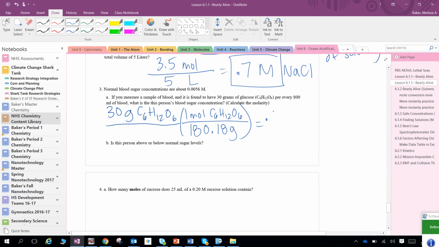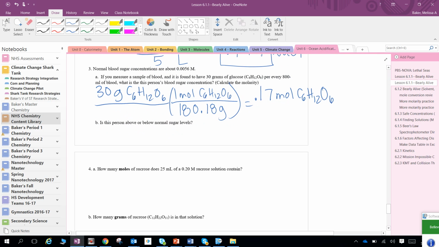So that means I've got 0.17 moles of C6H12O6. And the way I did that was I multiplied across the top 30 times 1 divided by the molar mass, 180.18. But I'm not done. 800 milliliters of blood, if I divide that by 1,000, I can convert it into liters, and that converts into 0.8 liters.